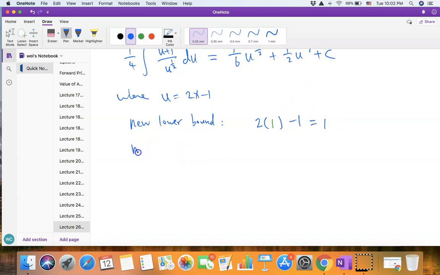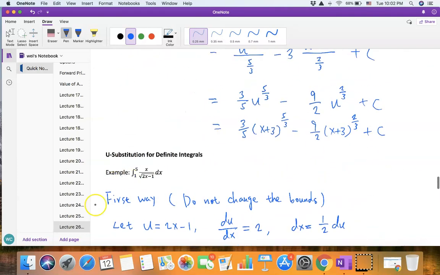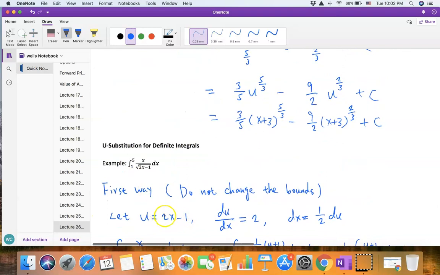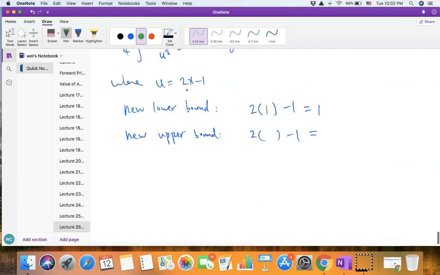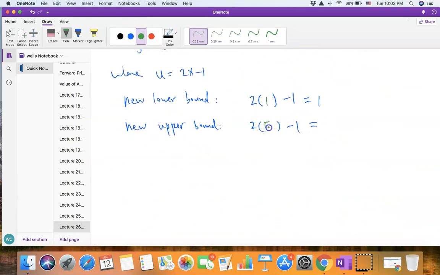And this new upper bound, we still use the same formula when x equals 5. This is 9.